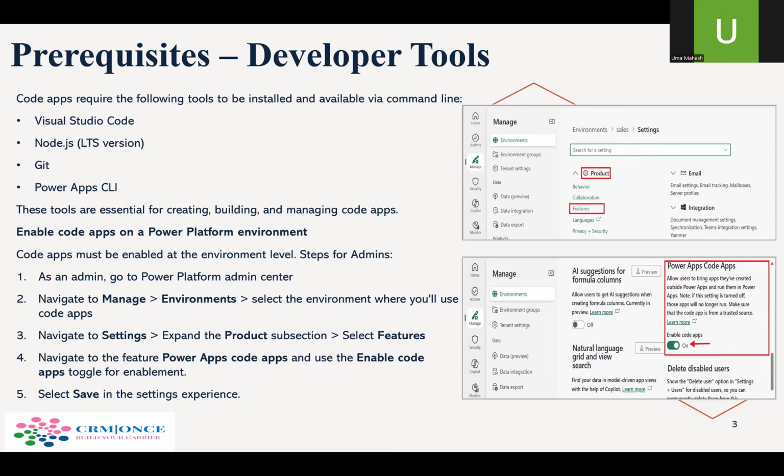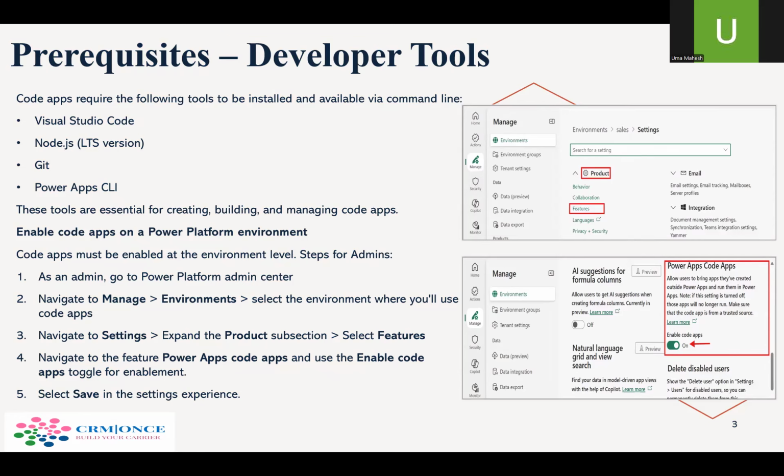When you start working on code apps, currently we need to enable this feature in the Power Platform environment as an admin. So first, we have to log in to admin.powerplatform.com, the Power Platform admin center, navigate to environments and select our environment.